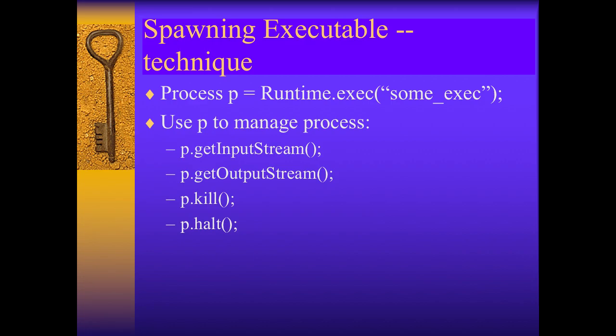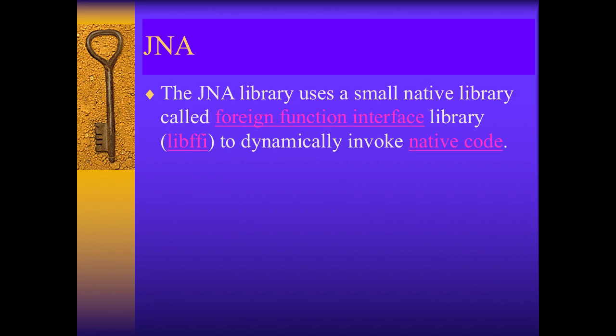With the Java native architecture, which is a much smaller native library using a so-called foreign function interface library, libffi, you can dynamically invoke your native methods without having to do a whole series of heroic loads. The loads end up becoming a rich source of fragility, especially when you're deploying Java Web Start.